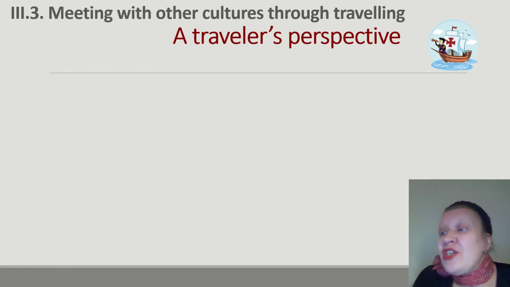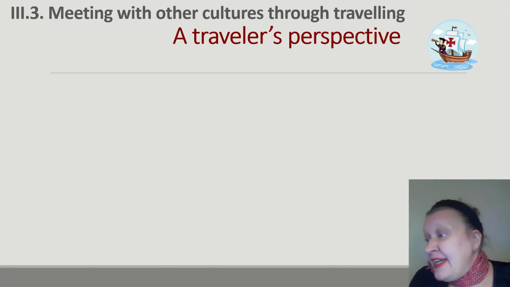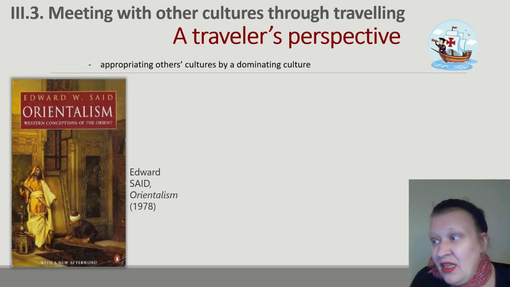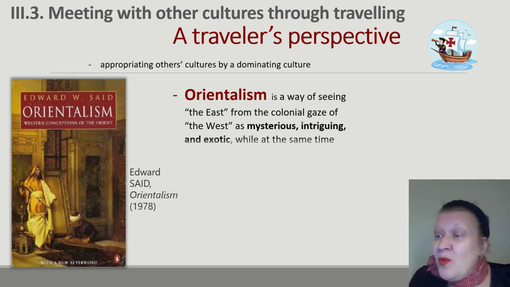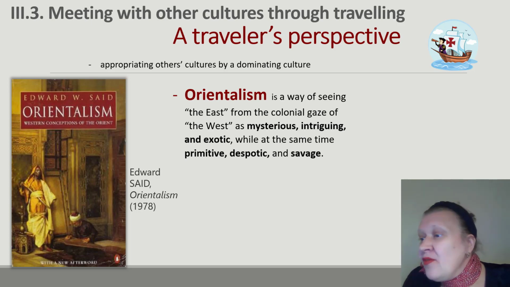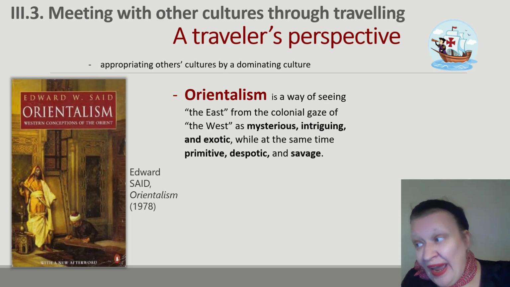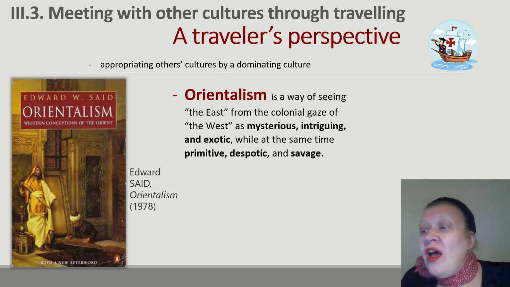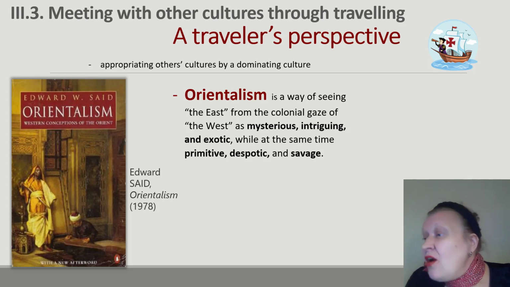The appropriation of others' culture by the dominating culture, by presenting the other culture as exotic, became the subject of reflection in the seminal book by Edward Said, Orientalism. Said defines Orientalism as a way of seeing the East from the colonial gaze of the West as mysterious, intriguing, and exotic, while at the same time primitive, despotic, and savage.